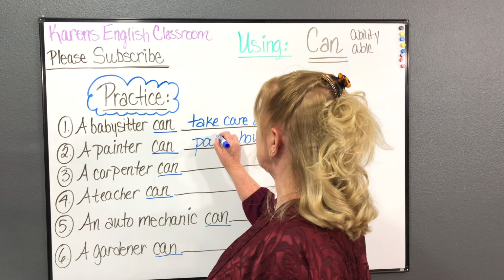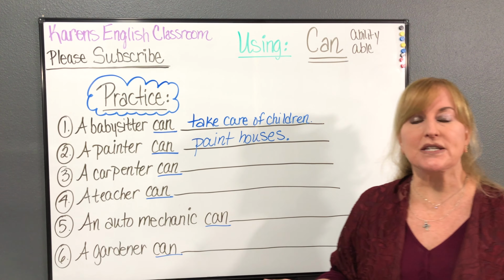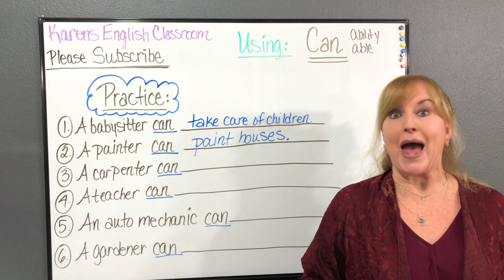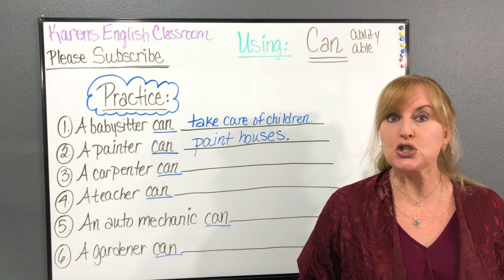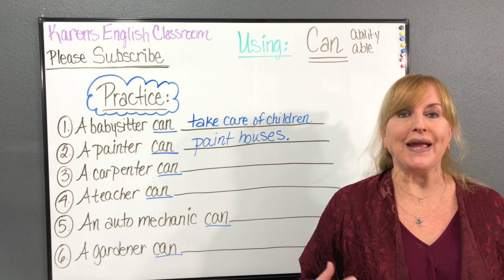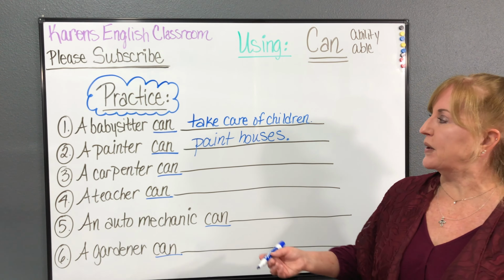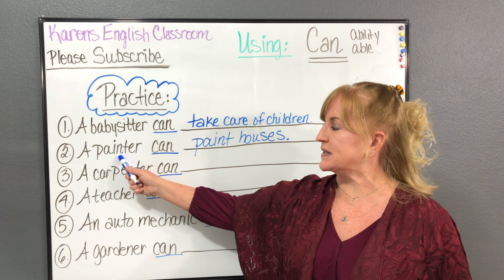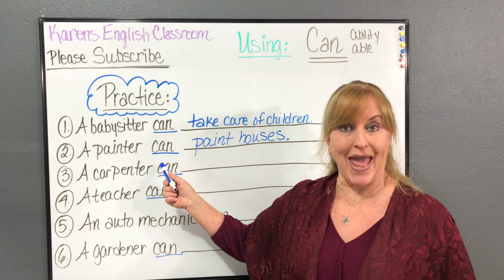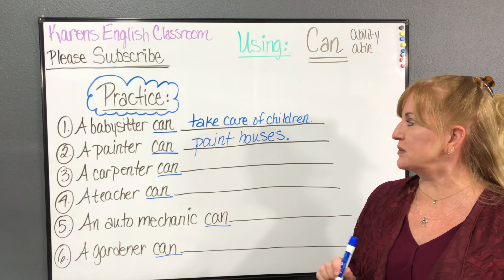Okay, so they can paint houses. They can paint kitchens. They can paint cabinets. They can paint furniture. They can paint buildings. There's many, many things a painter can do. But we'll just use this sentence for now. So a painter can paint houses.